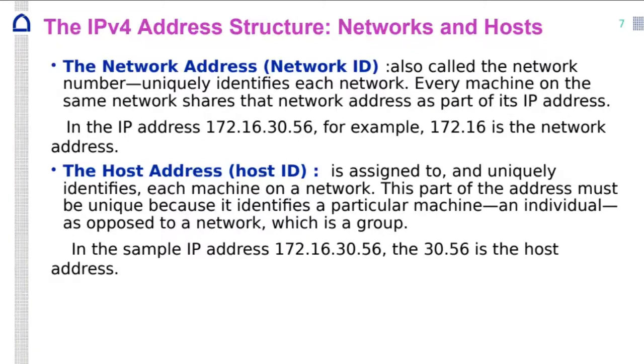So if I have this sample, this is a class B, meaning that the network address is the first two octets to the left. The host address is the last two octets. So what is my network address here? .16, then we'll put 0.0. What is my host address? 30.56.